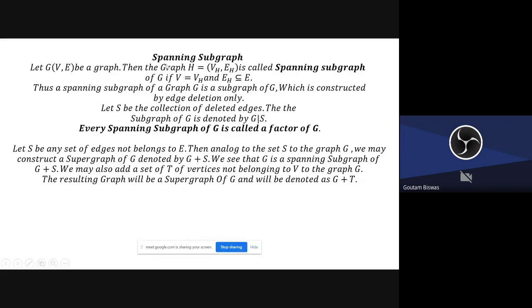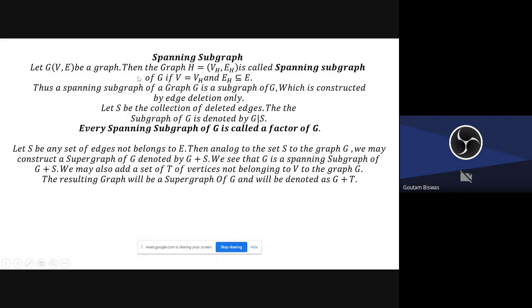Now this is an important concept. Actually I should start from here today. Let G be a graph, then the graph H, that is a subgraph, is called a spanning subgraph if V equals VH, that means the number of vertices in V and VH are the same.